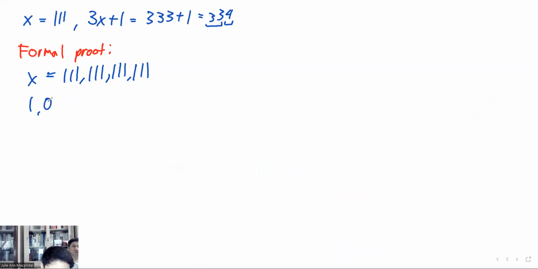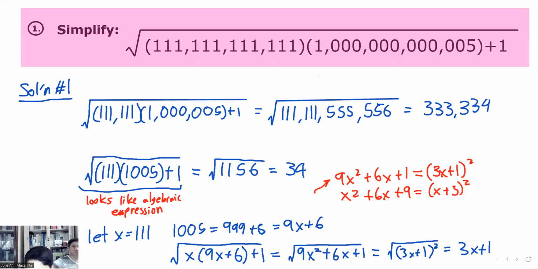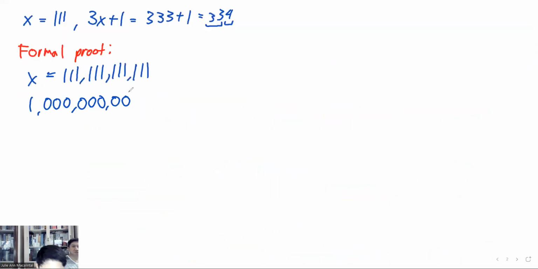This is 1, 0, 0, 0, 0, 0, 0, 0. How many zeros is that? There's another one. It equals 9x plus 6, for the earlier reasons we already discussed.